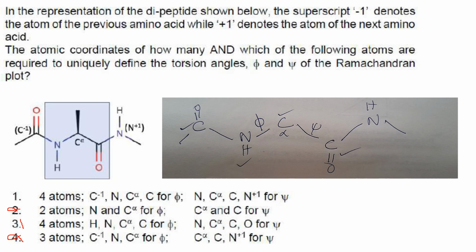C-1, yes, this also you have to take into consideration. C-1, N, C alpha will be phi. C alpha, C will be psi. So the first option is the right answer, whereas in the third option it is H over here. So that is not correct. And N, C alpha, C, N plus 1 is your psi. So the first option is the right answer.